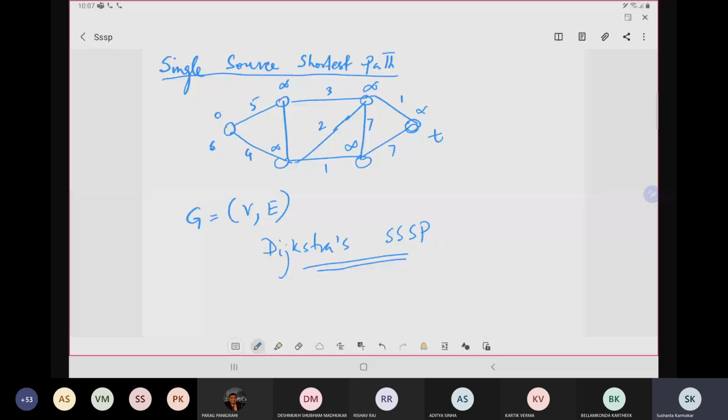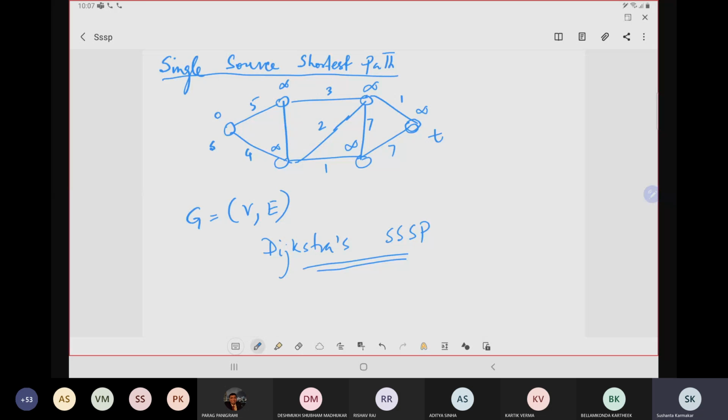So basically, I give all the distances. Remember, I have the entire graph with me. I can process it any way I like.